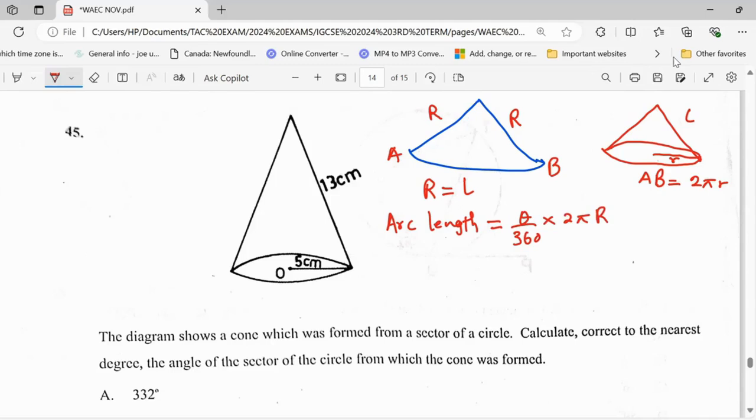Now we say this will be equal to the perimeter of the circular base of the cone, which is 2 pi r.